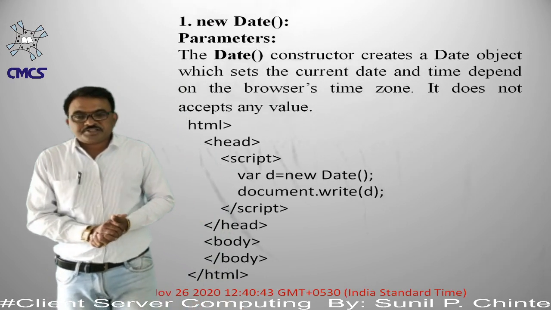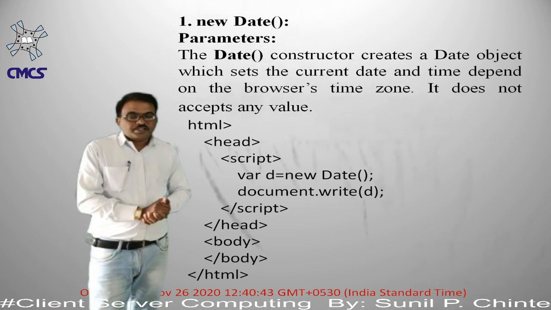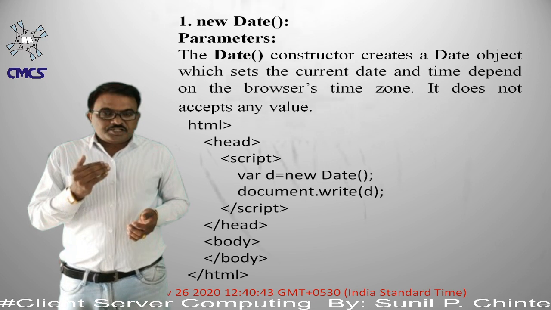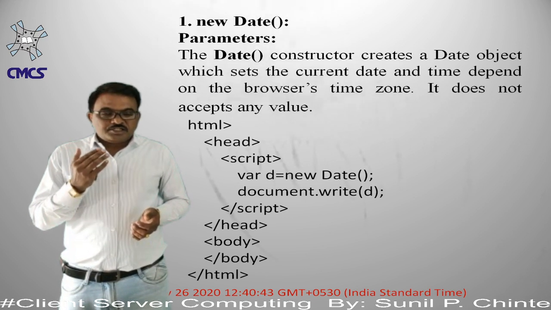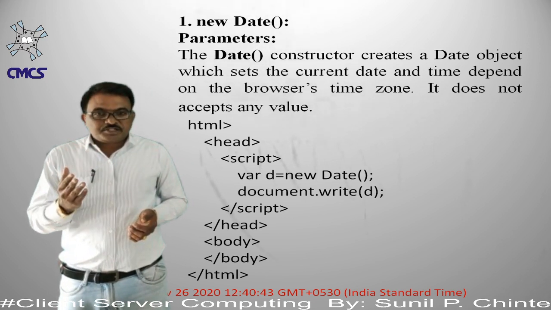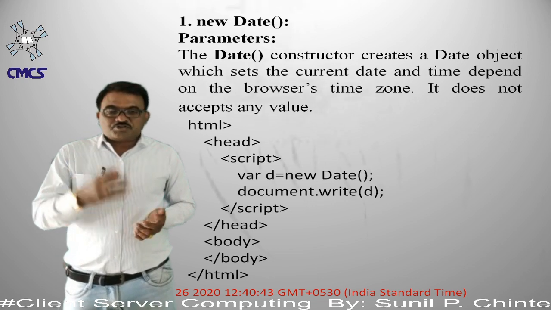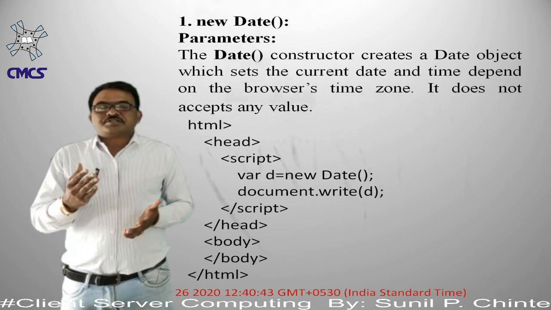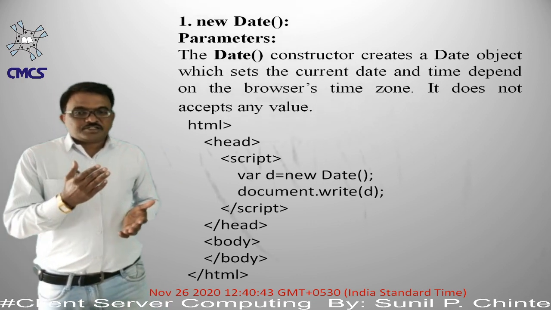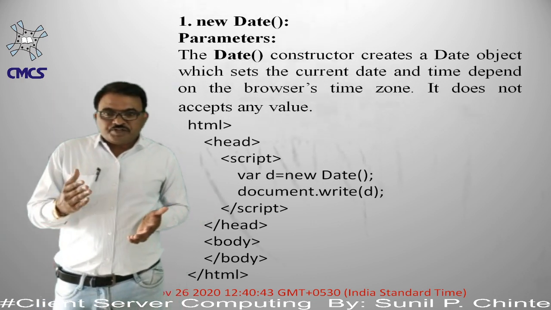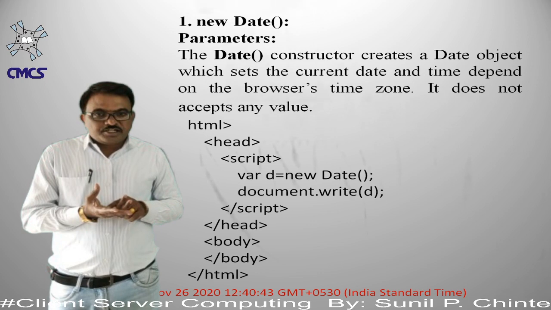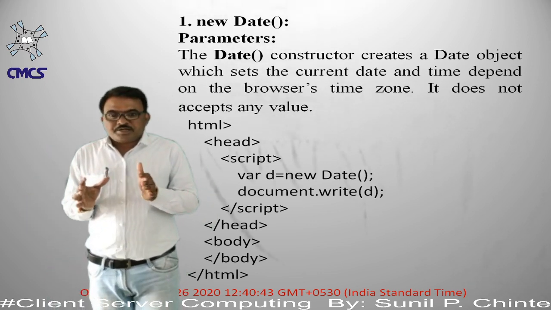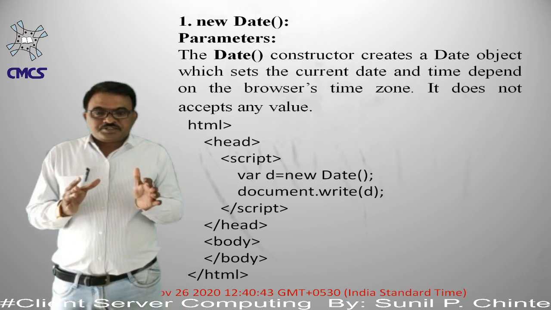The first way through which we can create the date object is that the constructor of a date object doesn't get any arguments, means it doesn't require any parameters. The date constructor creates a date object which sets the current date and time depending on the browser's time zone.